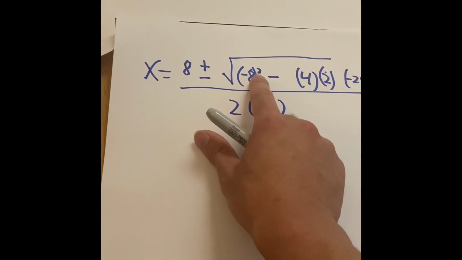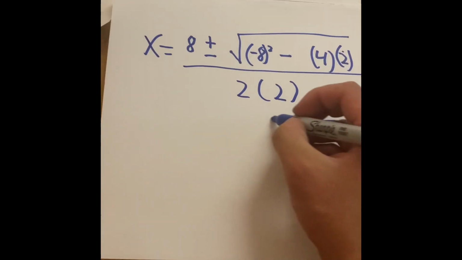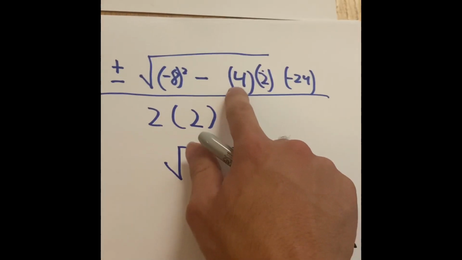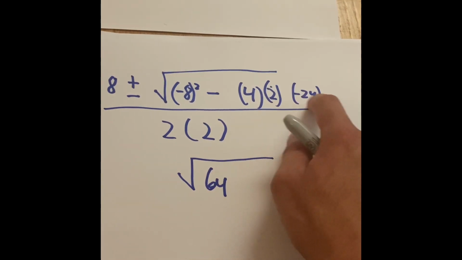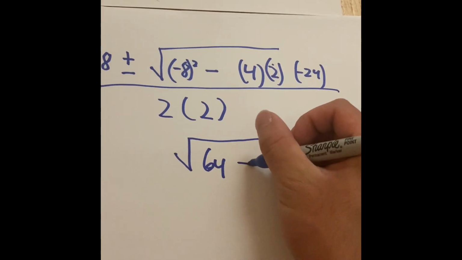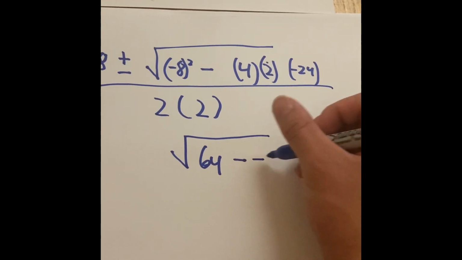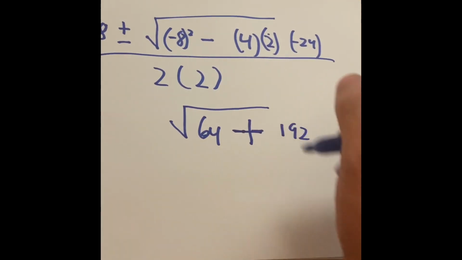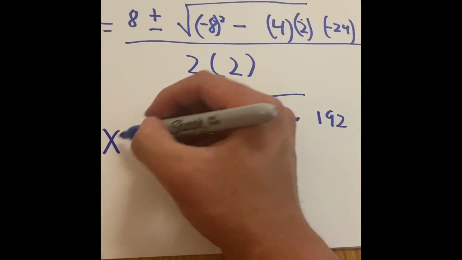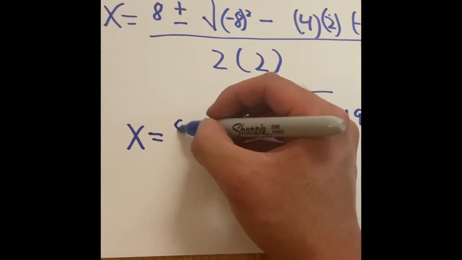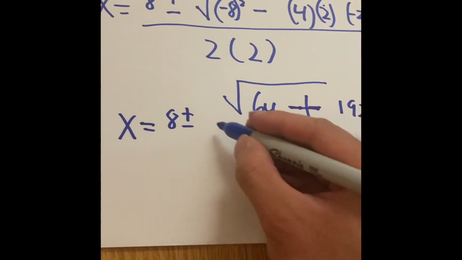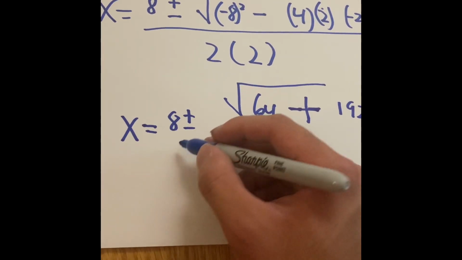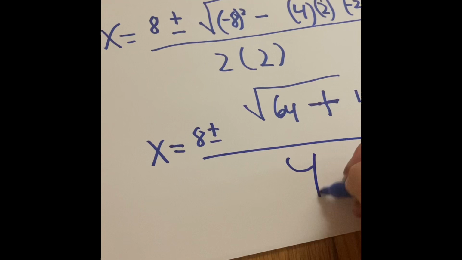Negative 8 squared is 64. And 4 times 2 times negative 24 is negative 192. We can add them because we have a minus and a minus. So x equals 8 plus or minus the square root of 64 plus 192, divided by 4.